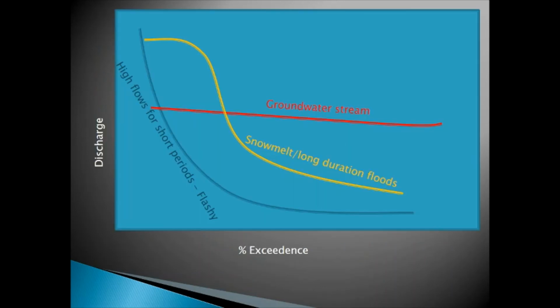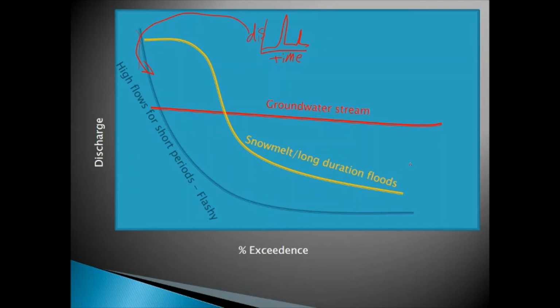So when we look at flow duration curves, if you see differences in the shape of the curve, you'll get to know something about the stream, right? What this blue line is showing is that there's a high flow for a short period. That's a flashy stream. That would be a hydrograph that would look kind of like this, when we have time here and discharge. So that's right here.